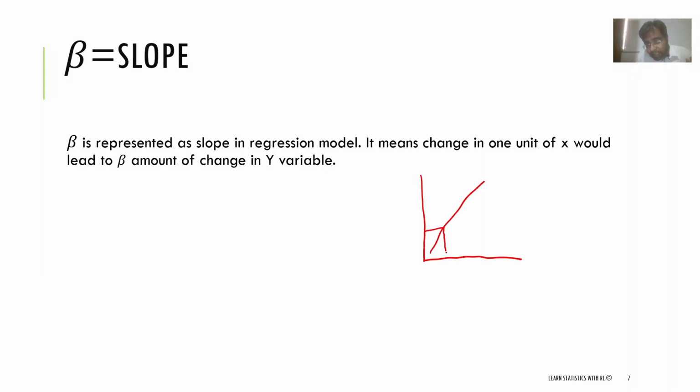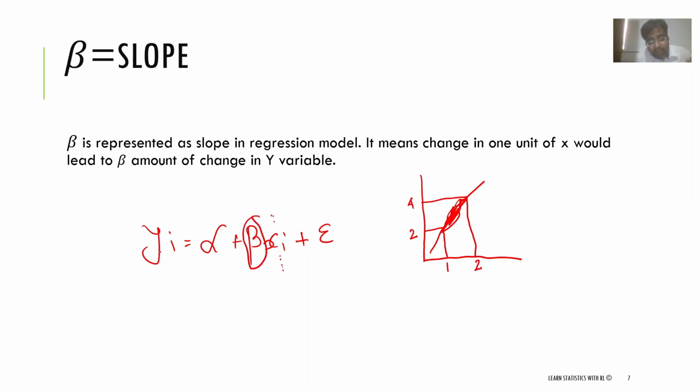If x is 1 and maybe y is 2, and I take a 1 unit change, this change is due to the slope line, and this is our beta. In the equation you can see yi is equal to alpha plus beta xi plus error. So when you change the values of x, this much change would be needed in the y variable.